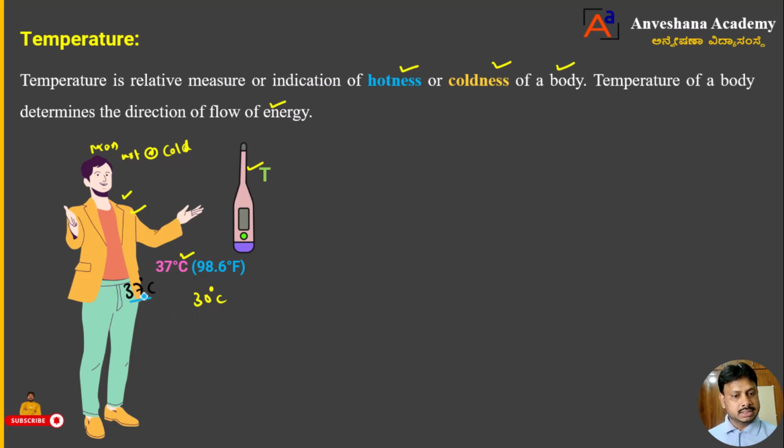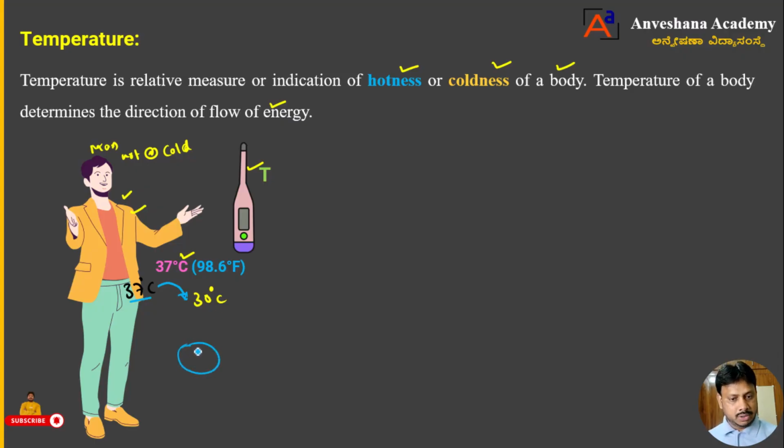Here it is 37 degrees Celsius and the surrounding temperature is 30 degrees Celsius. So by seeing these two temperatures, I can tell that heat is transferring from 37 degrees Celsius to 30 degrees Celsius. Then the direction of heat energy is from the body of the man to the surrounding.